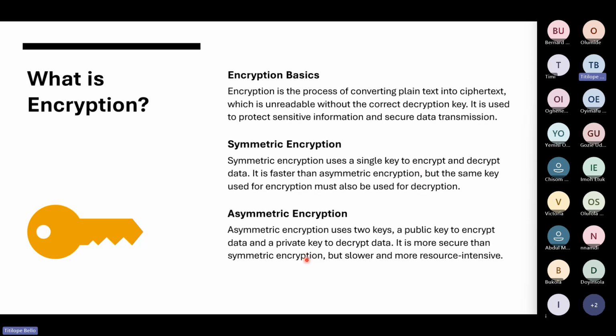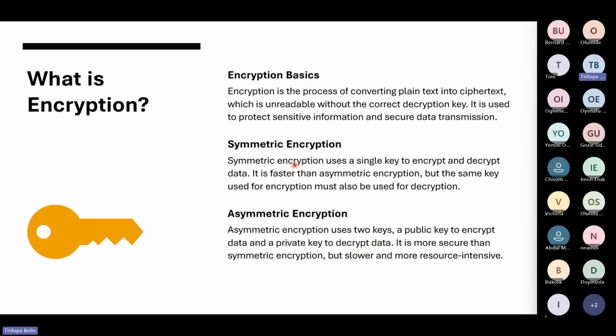Now, the second encryption type is the asymmetric encryption type. This uses a two key combination. In this case, you will need both the private key and the public key. The public key is used to encrypt the data, while the private key is used to decrypt that particular data.